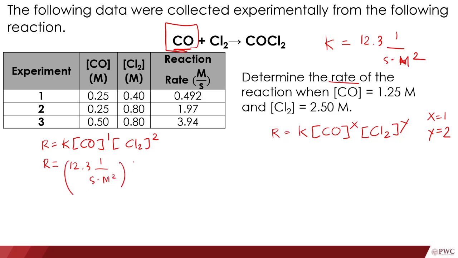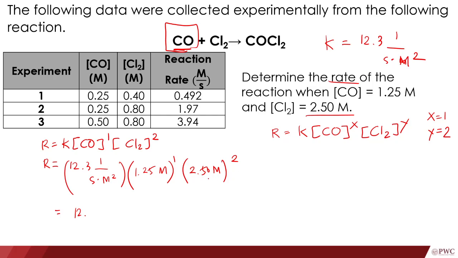And the next, the concentration of our CO. So here the given is 1.25 molar, and then raised to the power of 1. And then we have the concentration of Cl2 that's equal to 2.50 molar, 2.50 molar raised to the power of 2.